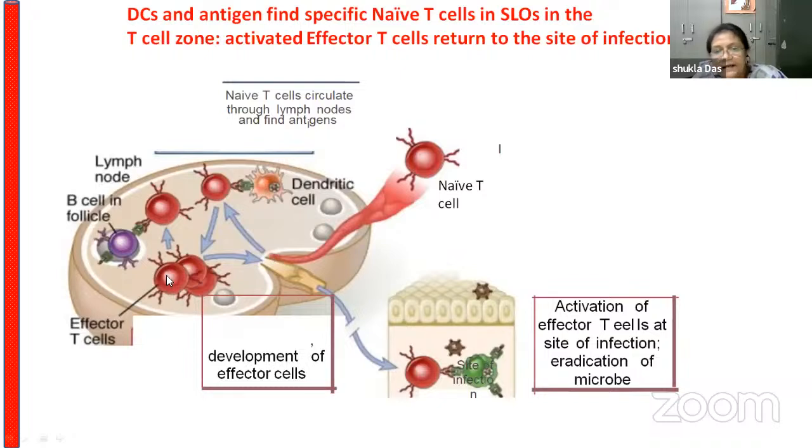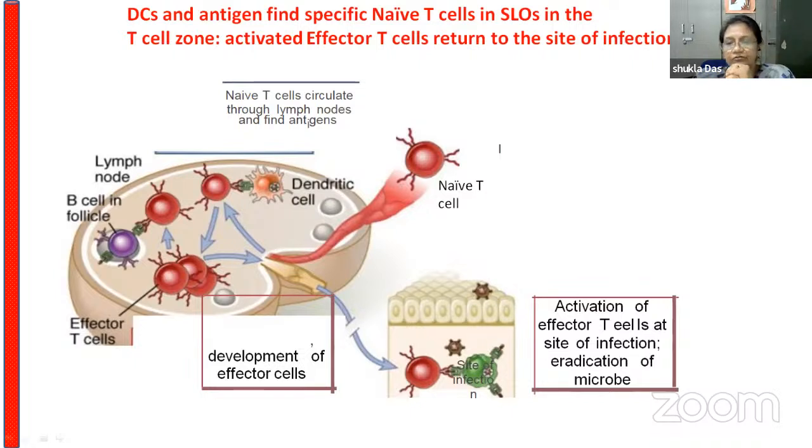Now, once the processing is done, the T cell is maturing and trying to identify the antigen, whether it is a CD4 or a CD8 cell, and it has to get activated. What will decide that? If you remember, what decides CD4 and CD8?